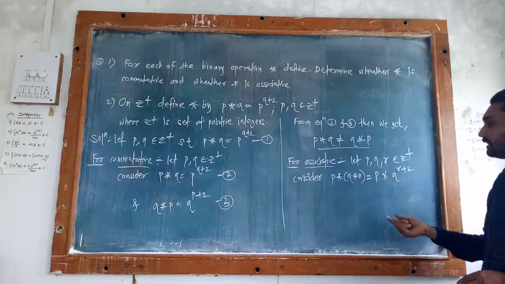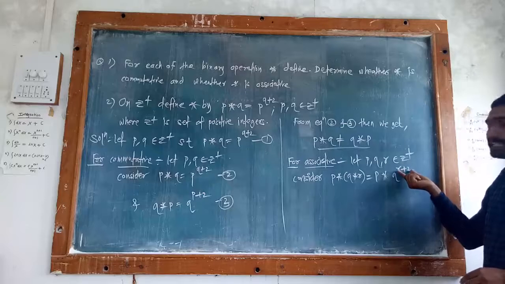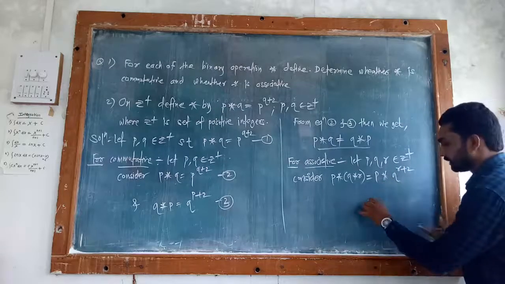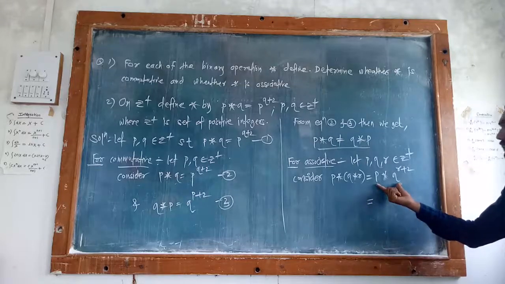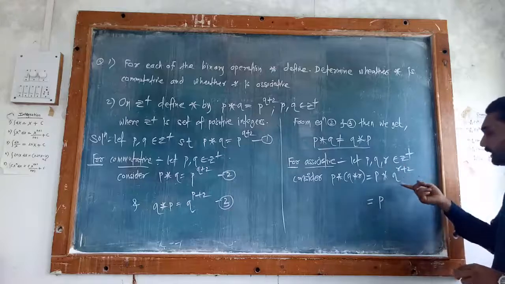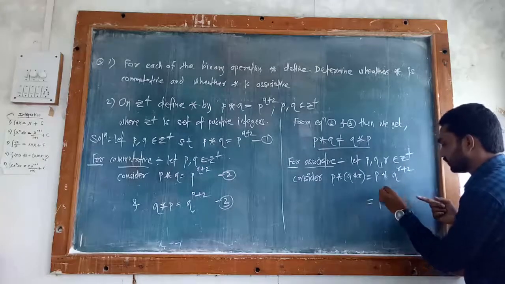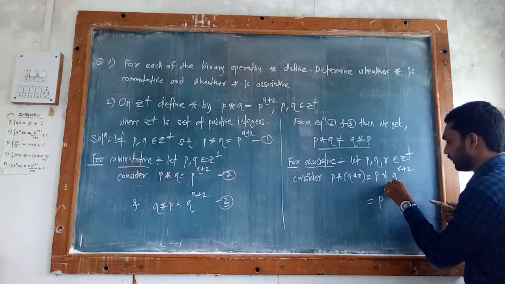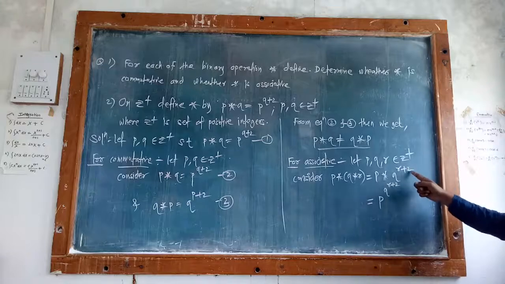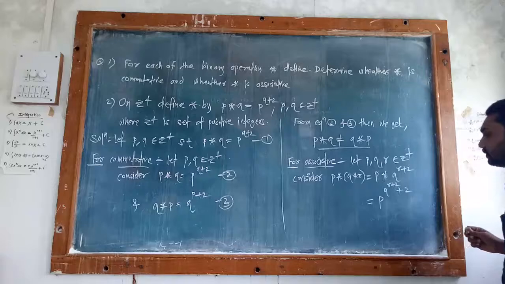Now we have to take star of those two elements. The first element P stays as it is, and its power becomes the second element plus 2. The second element is Q raised to R plus 2, and its power is plus 2.